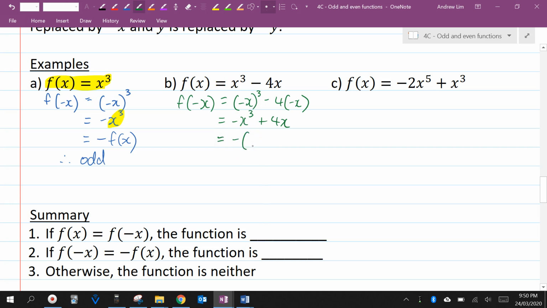If we factorize out a negative, we'll have x cubed minus 4x, because negative times negative will give us a positive. That looks familiar. That's that. And because that is f of x, this is equal to negative f of x. So we can see here f of negative x is equal to negative f of x, therefore it's odd.